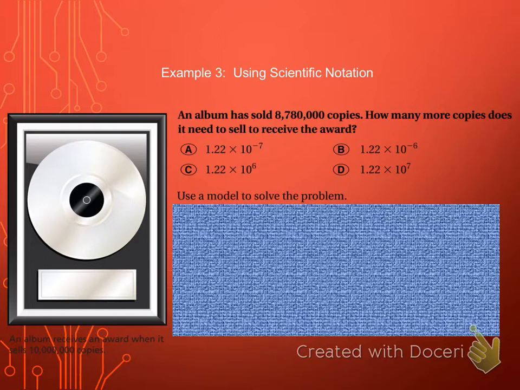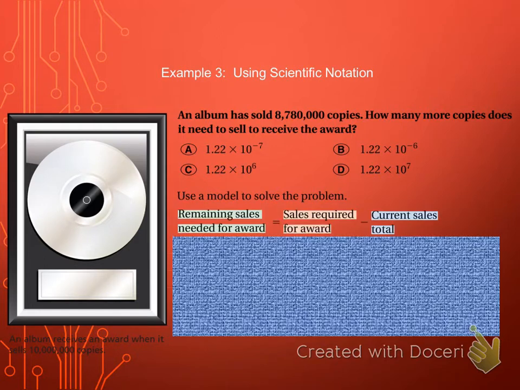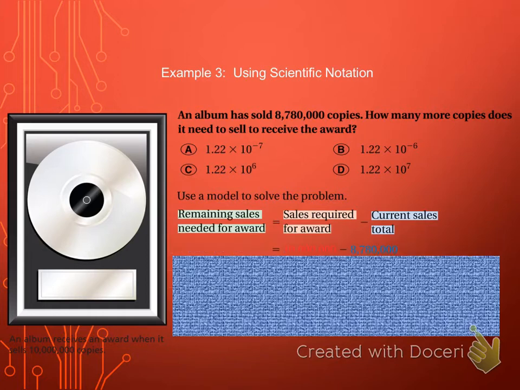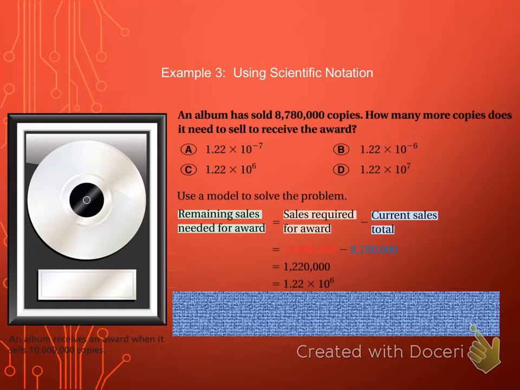So we're going to use the model to solve the problem. Remaining sales needed for award equals the sales required for award minus the current sales total. So our sales required is 10 million minus what we've already got, our current sales, which is 8,780,000. When we subtract those, we end up with 1,220,000.